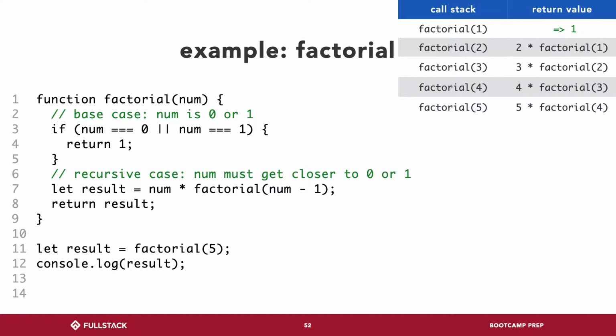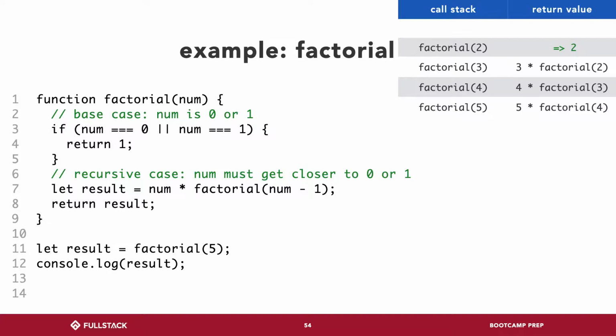And as you can see up here, factorial of 1 returns 1. And then looking ahead, factorial of 2 should return 2 times factorial of 1, right? And factorial of 1 is 1, so this should be 2 times 1, right? Does that make sense?